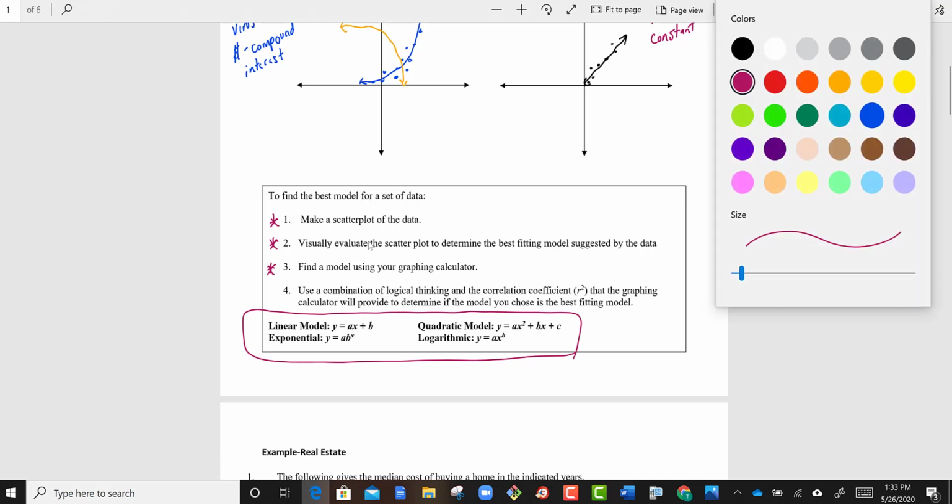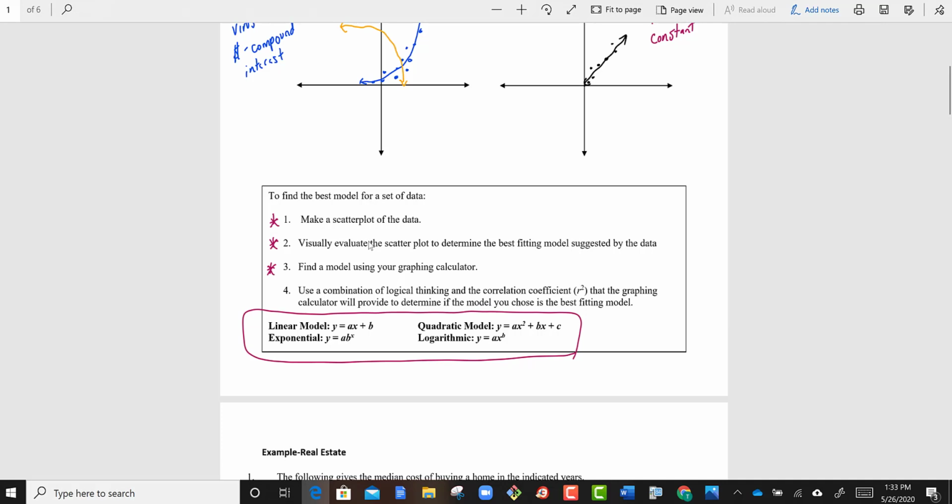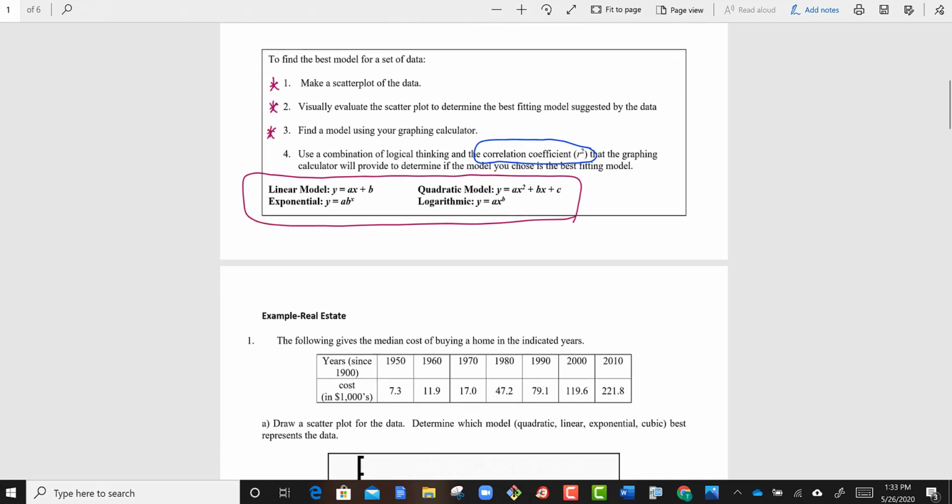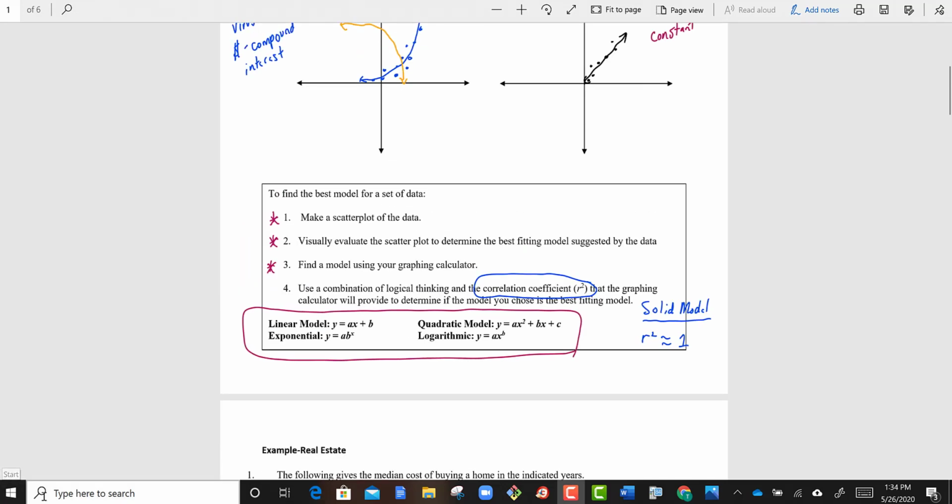And then finally, we're going to use a combination of logical thinking and something called the correlation coefficient that the graphing calculator will provide to determine if the model you chose is the best fitting model. A solid model will have a correlation coefficient that's approximately 1.